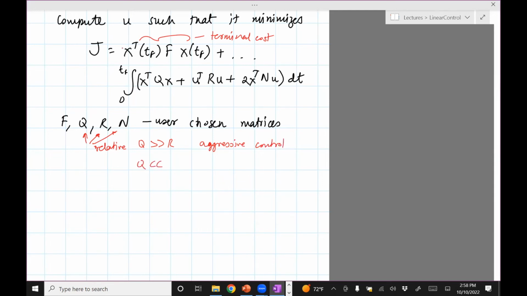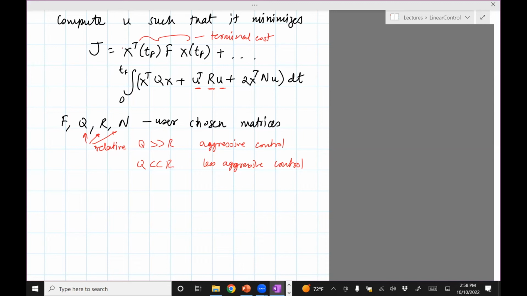And if Q is less than R, then you have less aggressive control. Because what's happening here is when R tends to be big, u will tend to be small, right? You can just look at that expression. When R is big, u tends to be small. If u is small, then it's less aggressive control, and vice versa.